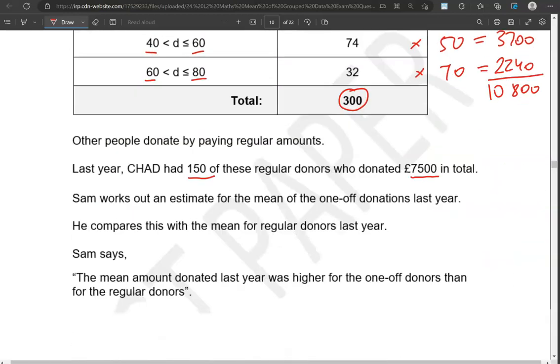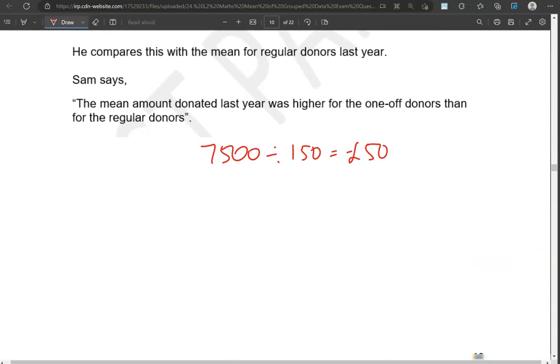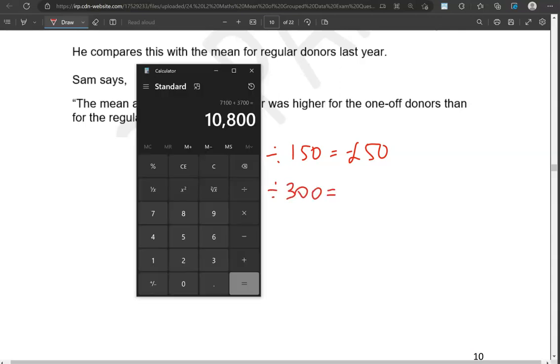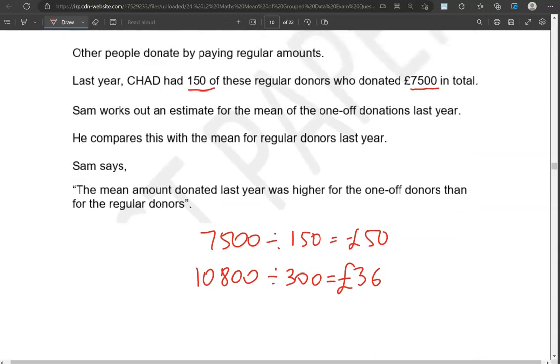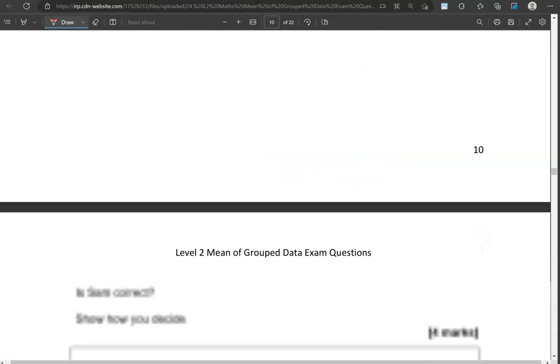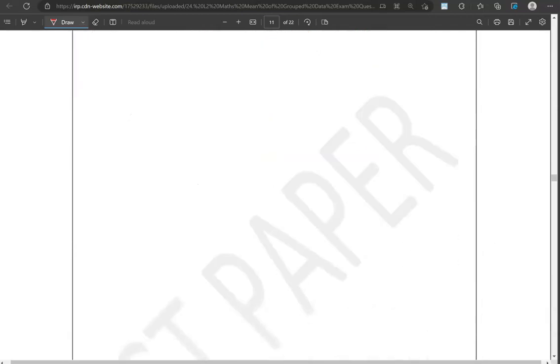So 10,800 divided by 300 is 36. So the mean amount donated last year was higher for the one-off donors than for the regular donors. That is not correct, because this is for one-off and this is for the regular ones. So we're going to say no.